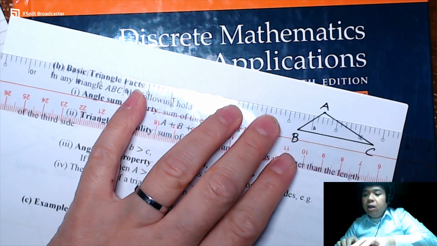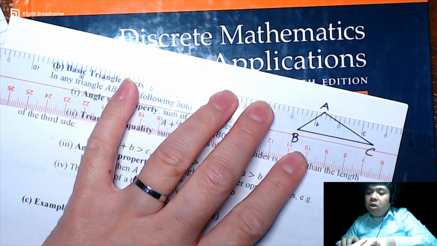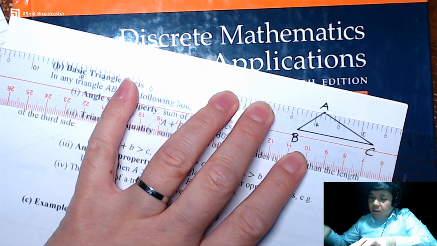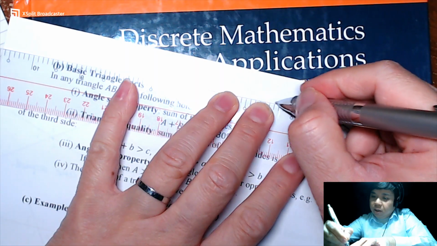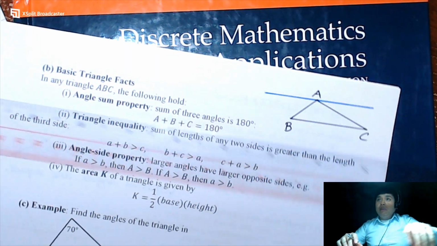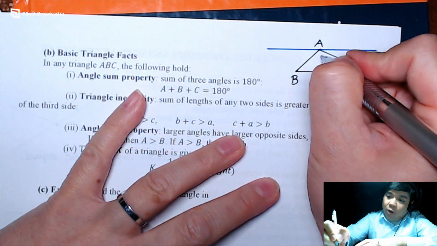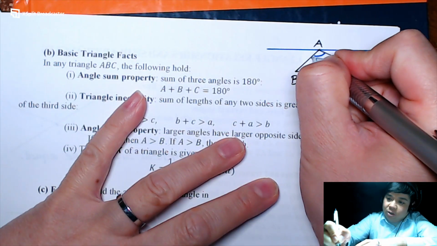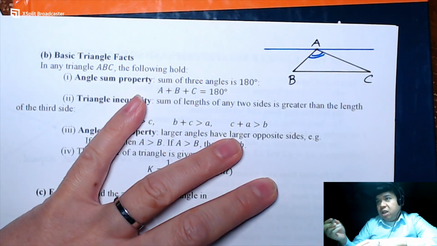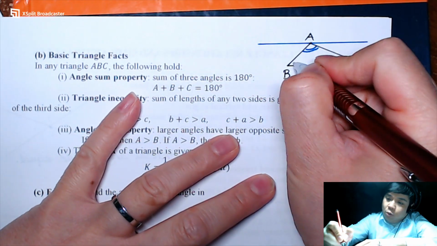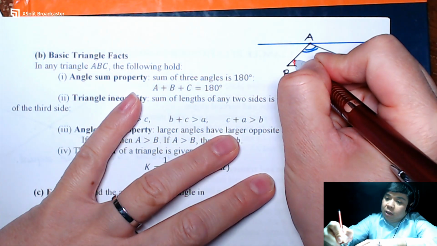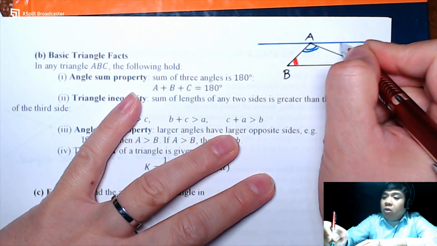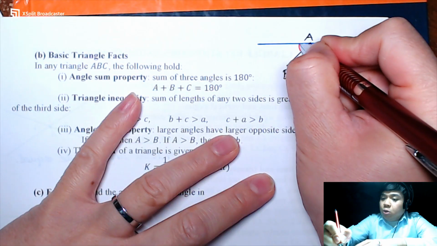Now I will draw a parallel line to this. Now we have the angle A inside the triangle. So that's A. Now this angle B, because these are parallel lines, is equal to this angle.